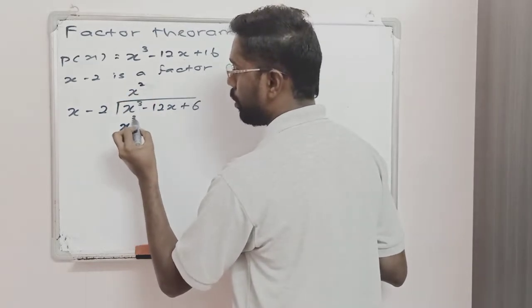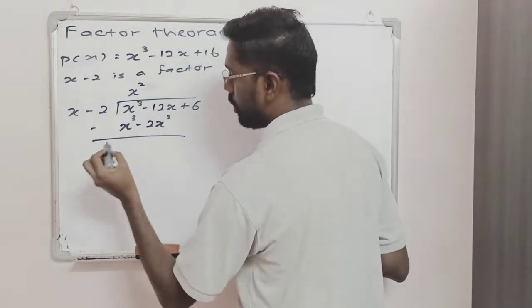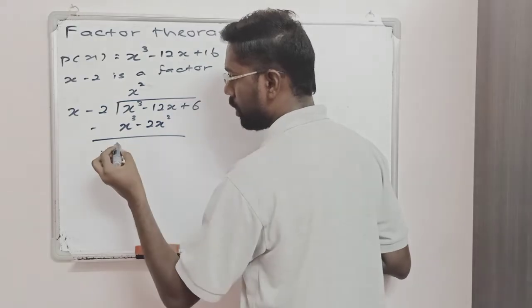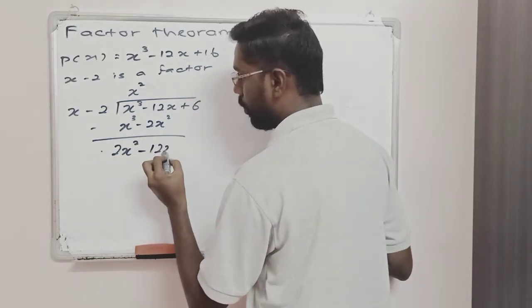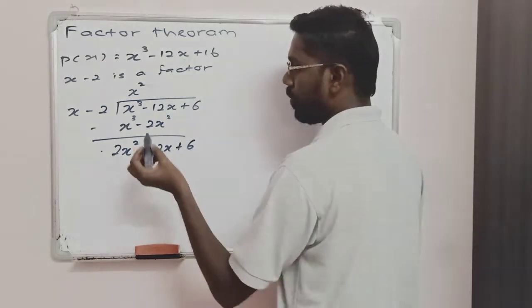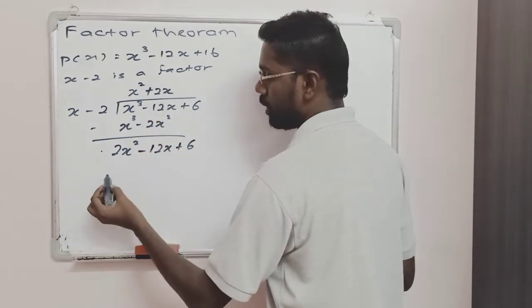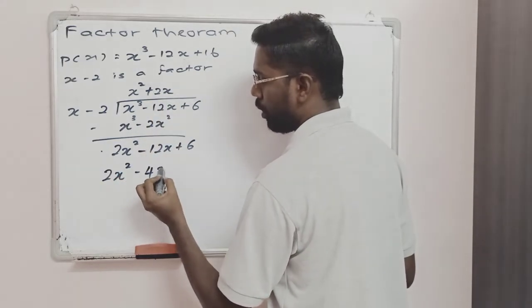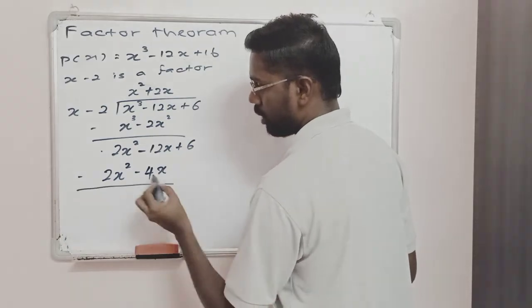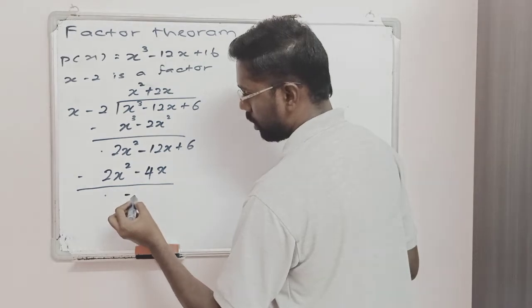So x cubed minus 2x squared, subtract, we get 0, 2x squared minus 12x plus 16. So it's going to be plus 2x. So 2x squared minus 4x. 0, negative 8.